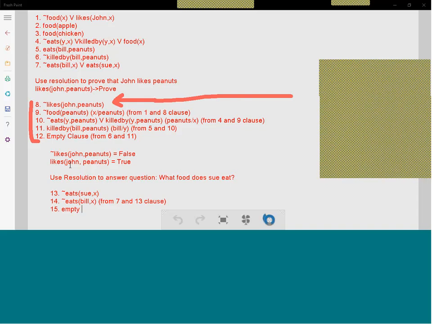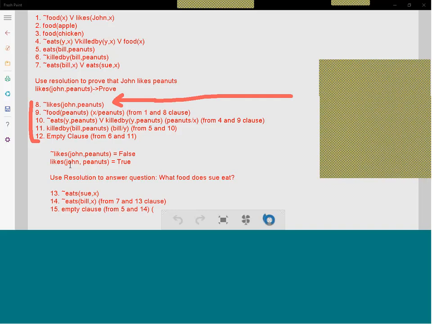We combine 5 and 14. In 5 it's Eats(Bill, peanuts), and in 14 it's the negation of Eats(Bill, X). So X can be replaced by peanuts, and we are getting the empty clause from 5 and 14.